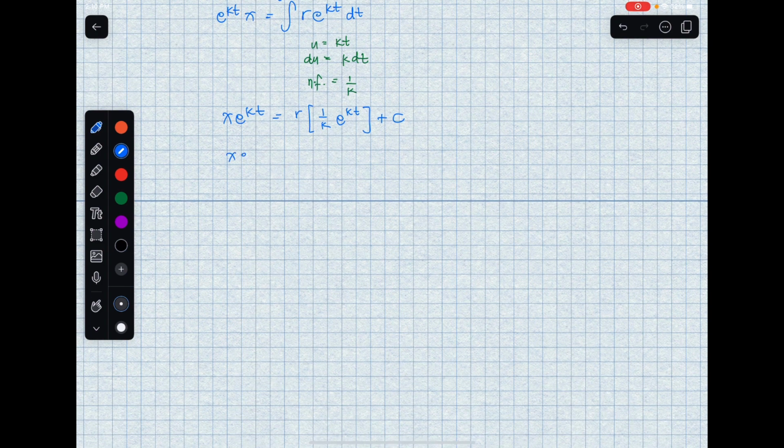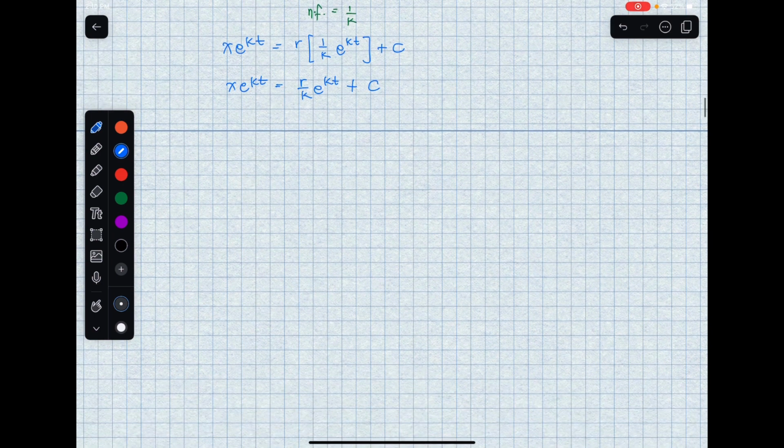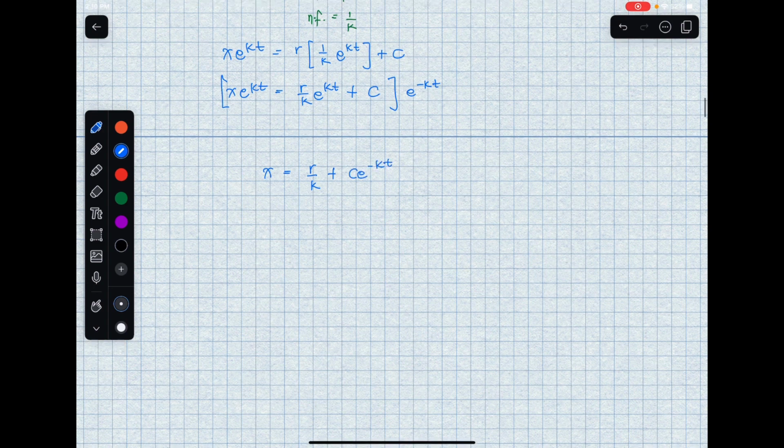So x e raised to kt is equals to r over k e raised to kt plus c. We get the value of x by multiplying by the inverse, e raised to negative kt, giving us x equals r over k plus c e raised to negative kt.